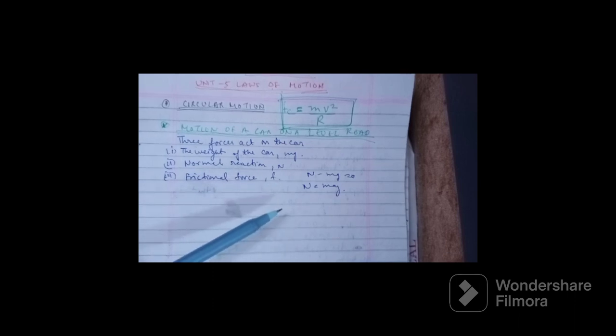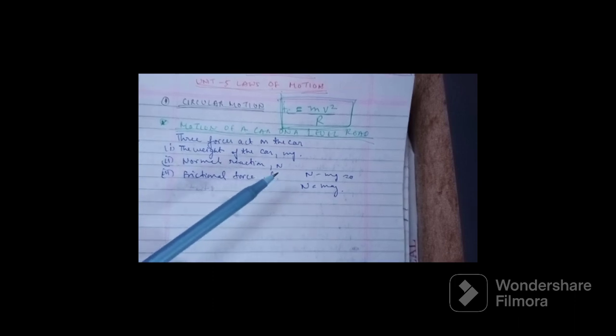You have to note that it is static friction that provides the centripetal acceleration, and static friction opposes the impending motion of the car moving away from the circle.